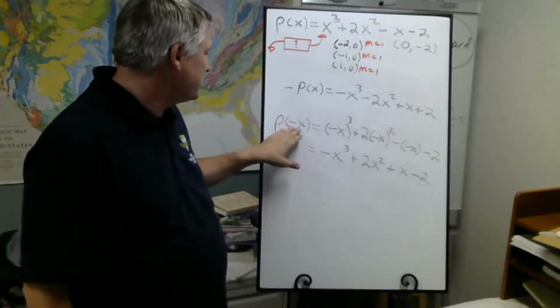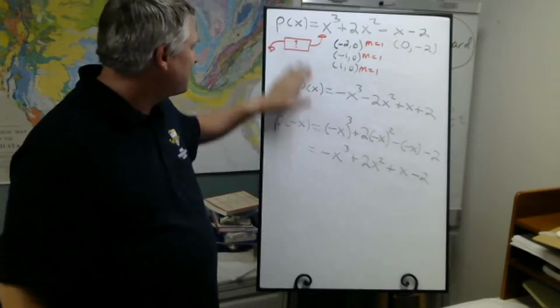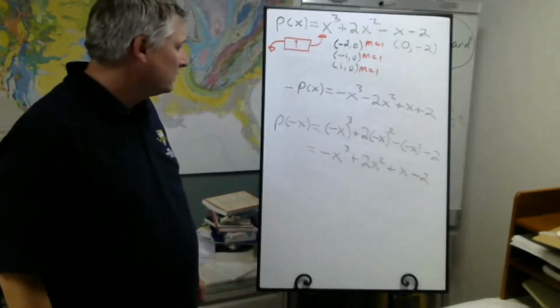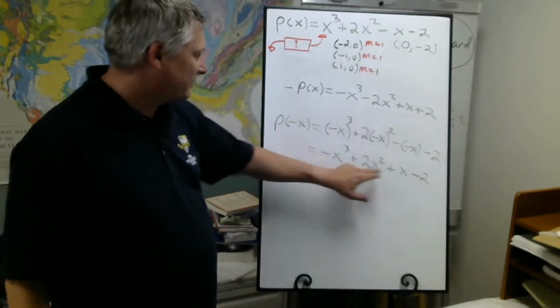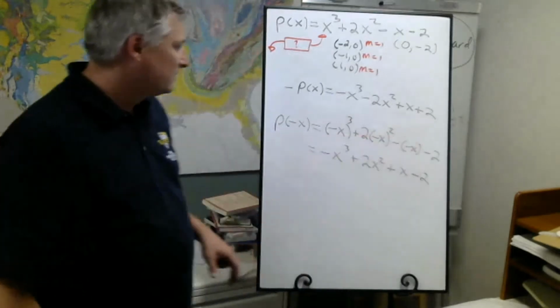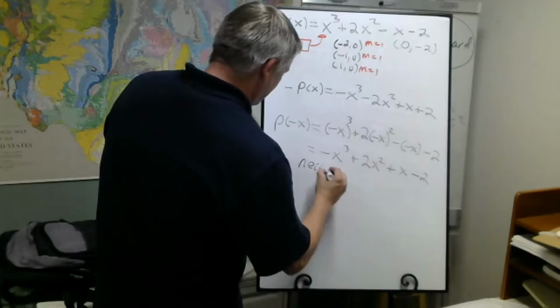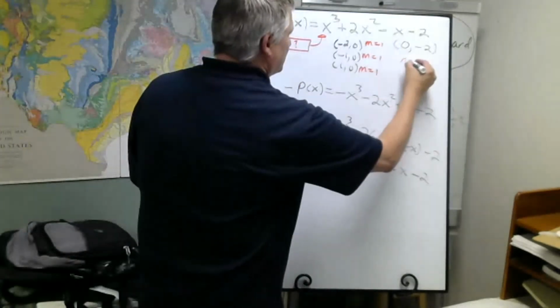When we give p of x a negative x, we get a negative on this x cubed. So it's not the same as this, so we don't have symmetry across the y-axis. But let's compare it to this. No, it doesn't match this either. So our symmetry is neither. We have no symmetry.